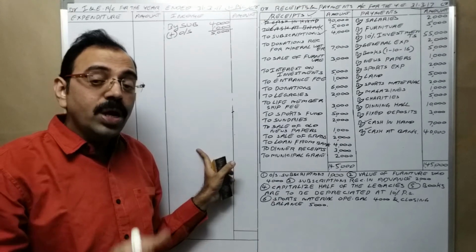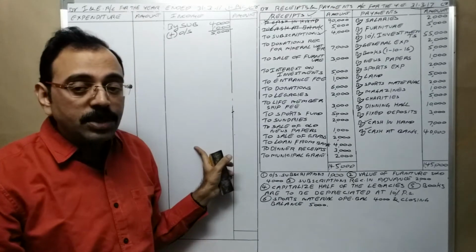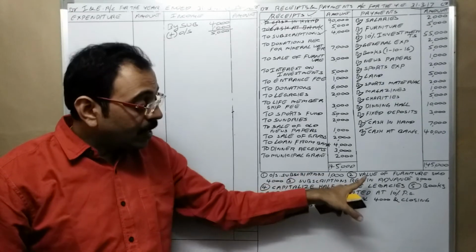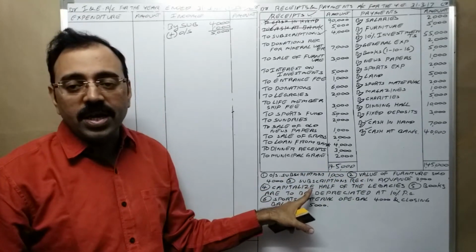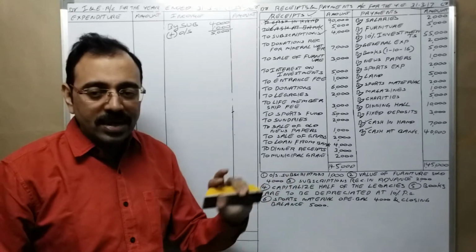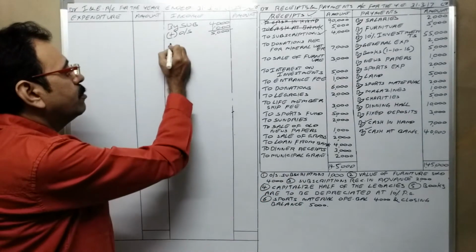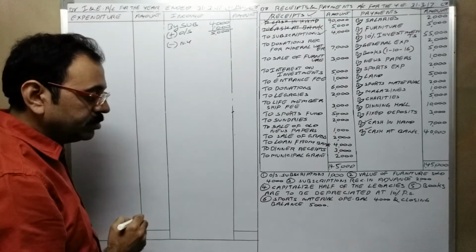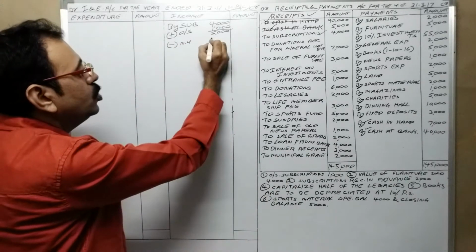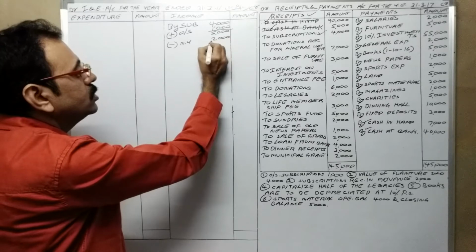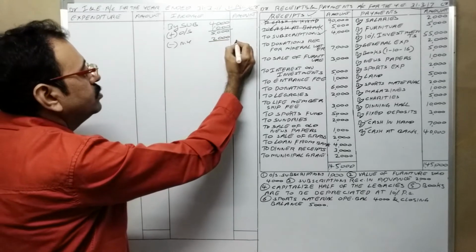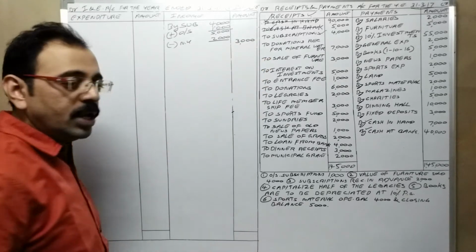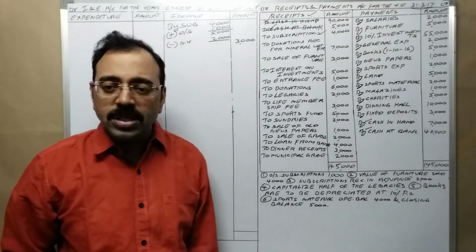For that, only current year incomes, current year expenses we should consider. Other year income is included in current year. What we should do? We should deduct that. Therefore, minus next year subscriptions. Amount is 2,000 rupees. Then, in outer column, current year subscription amount is 3,000 rupees.